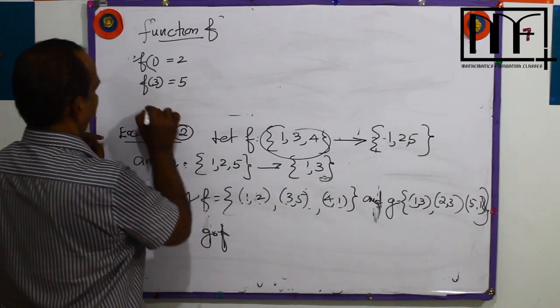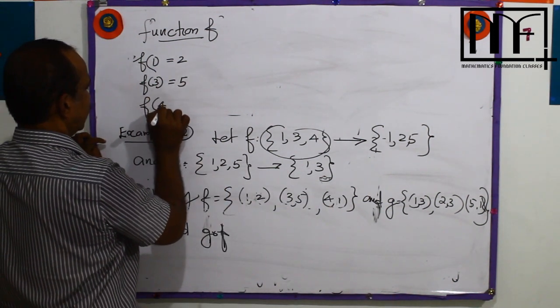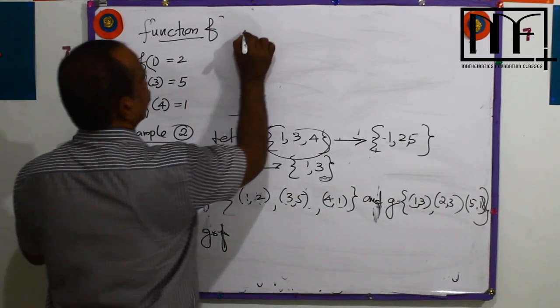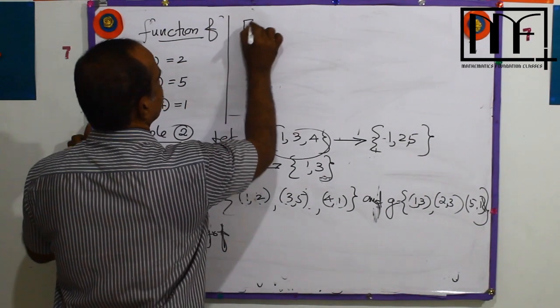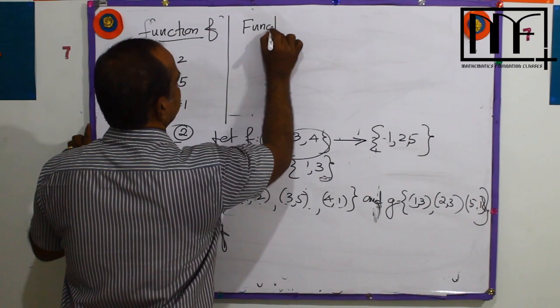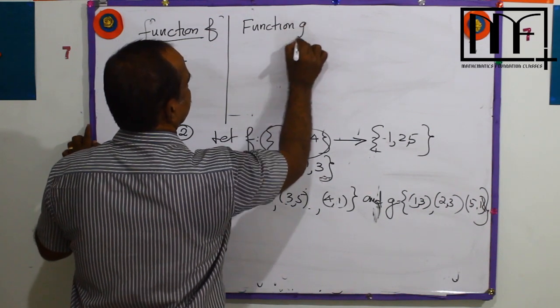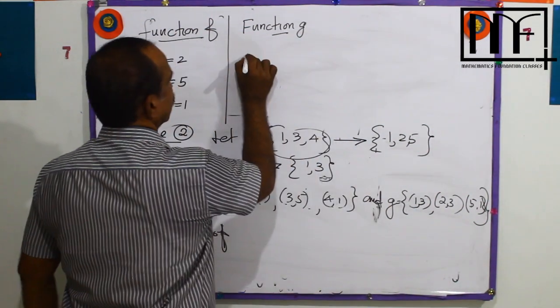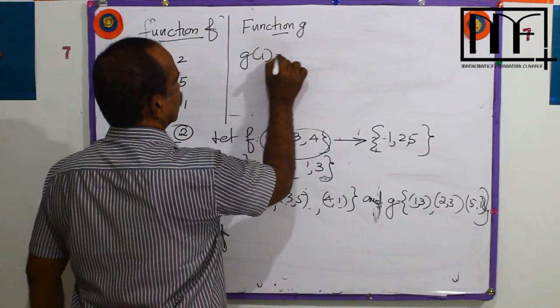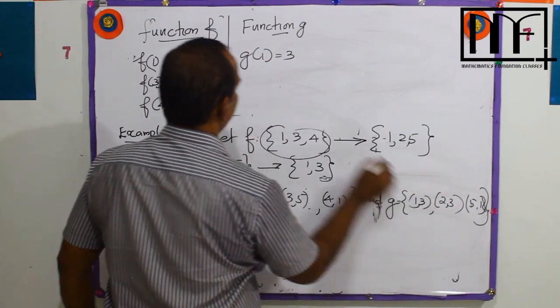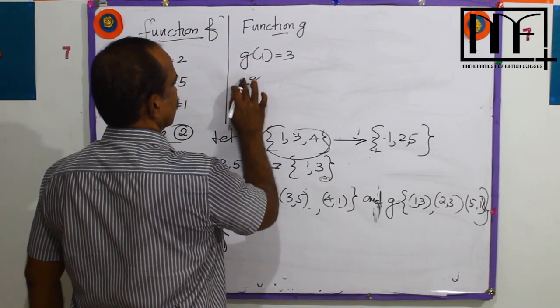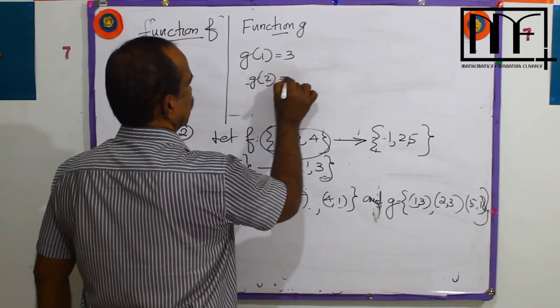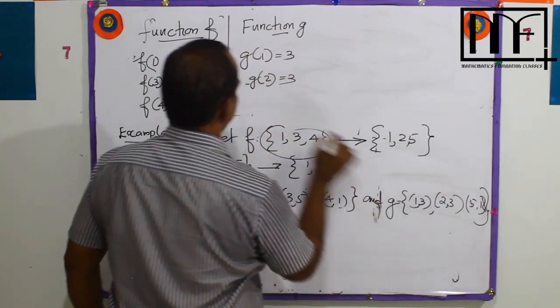F of 4 is equal to 1. And in the function g, g of 1 is 3. G of 2 is also 3. G of 5 is 1.